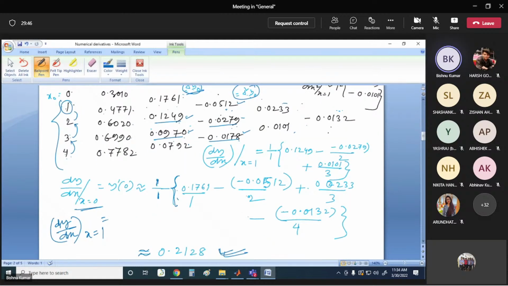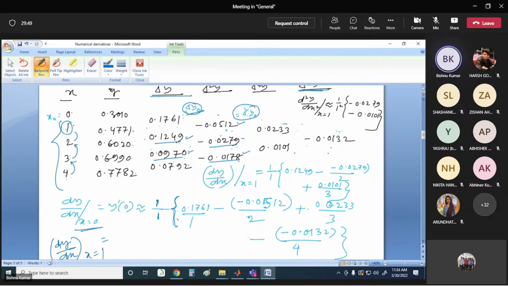By considering the original data set, you construct the difference table. After constructing the difference table, considering x equals 1 as the first point, you have to pick up the associated upper diagonal elements. If this is the first point, then the associated upper diagonal elements are these.